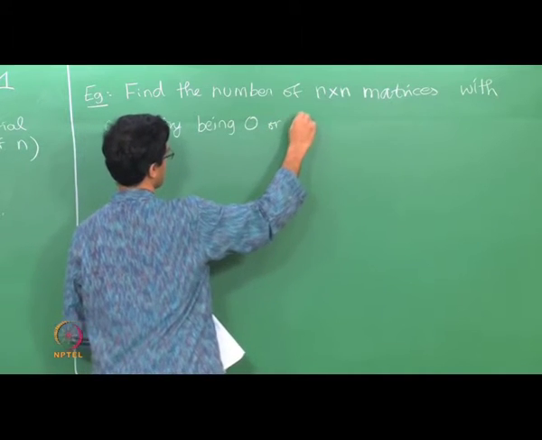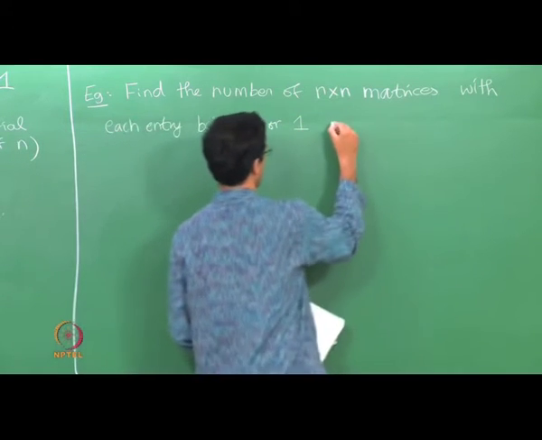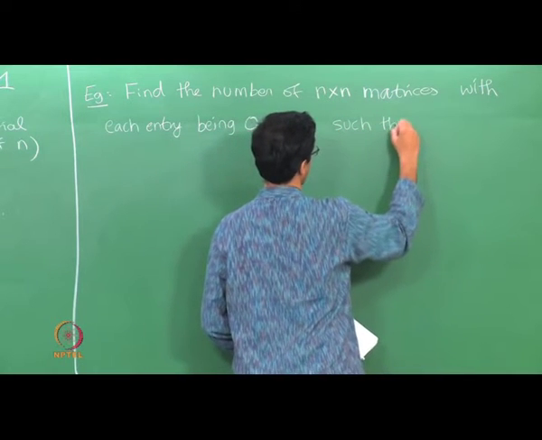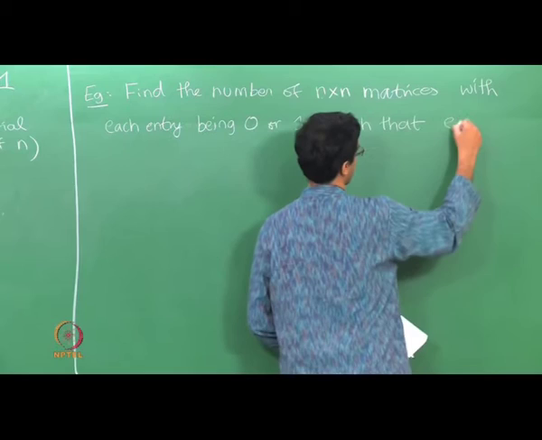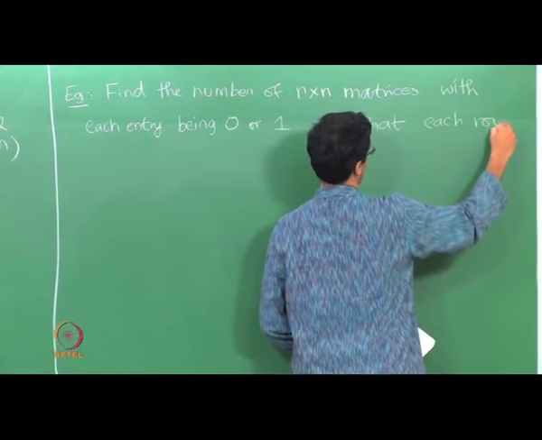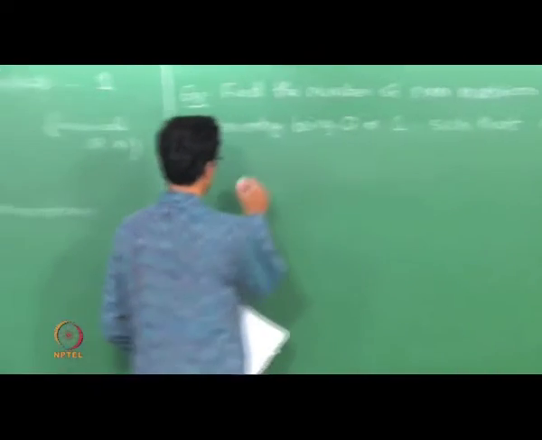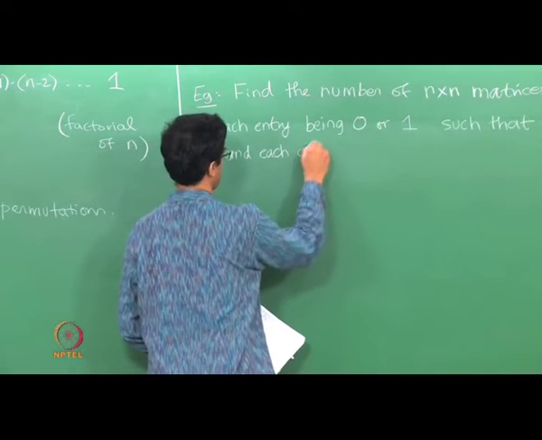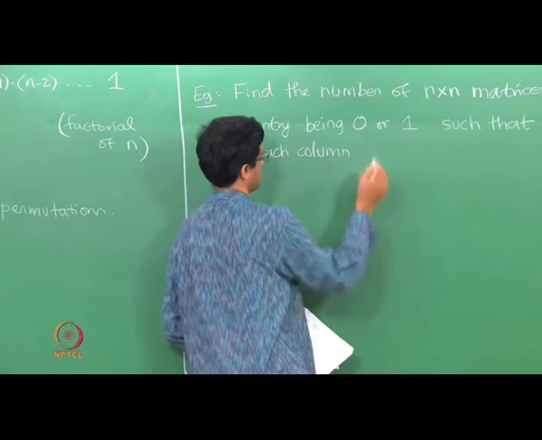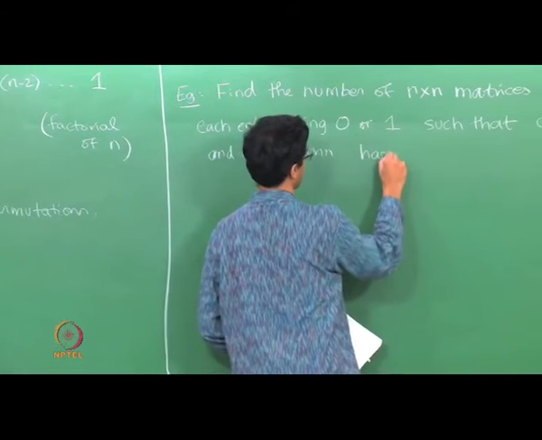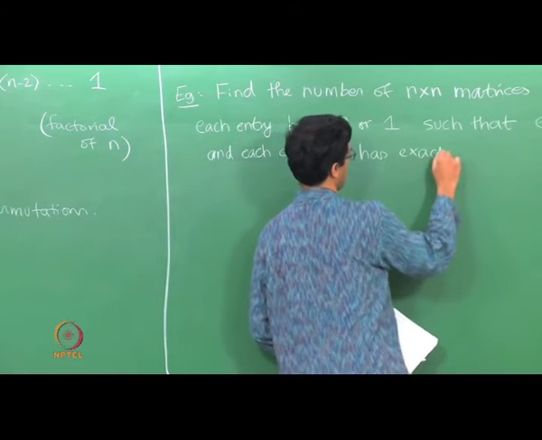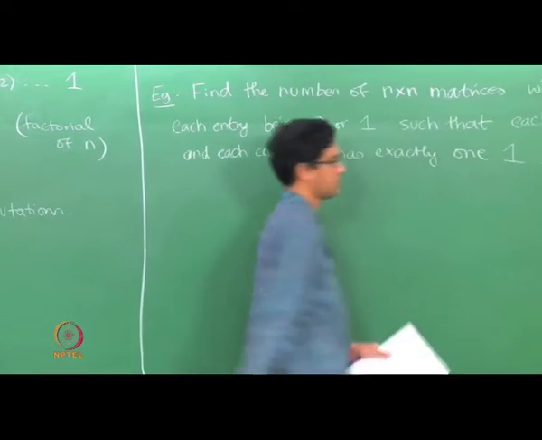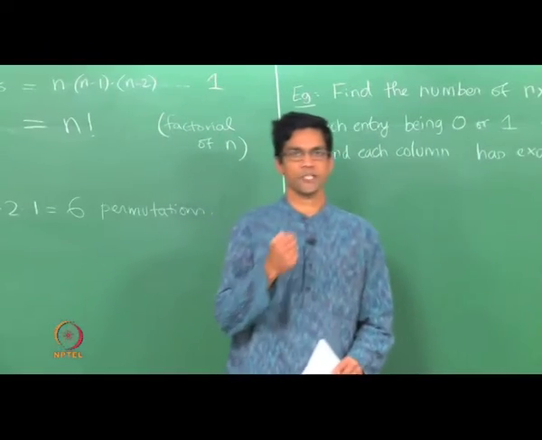So sometimes these are called 0 1 matrices, every entry is 0 or 1, with the following condition such that each row and each column sums up to 1, or another way of saying it is it contains a single 1.